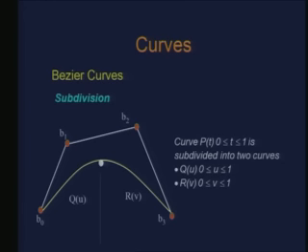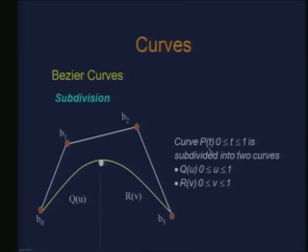Fine. So, now we take another property or feature of the Bezier curves, which is the subdivision of the curve. What I mean by subdivision is, let us say I want to divide the curve in two parts, and when I say two parts, I am referring to the range of the parameter.